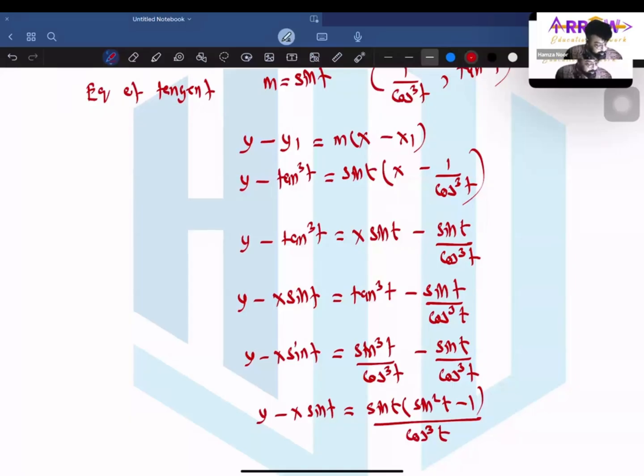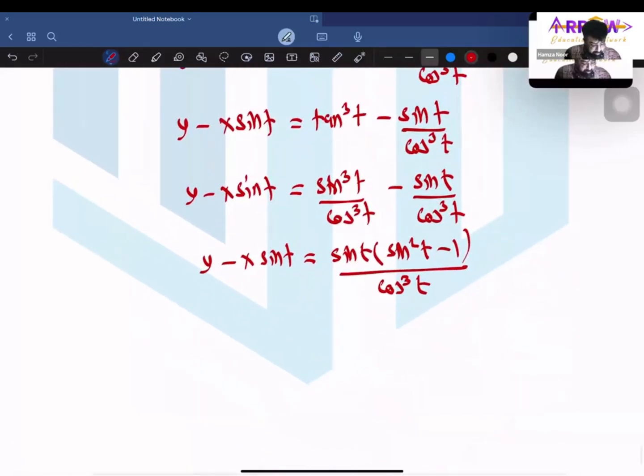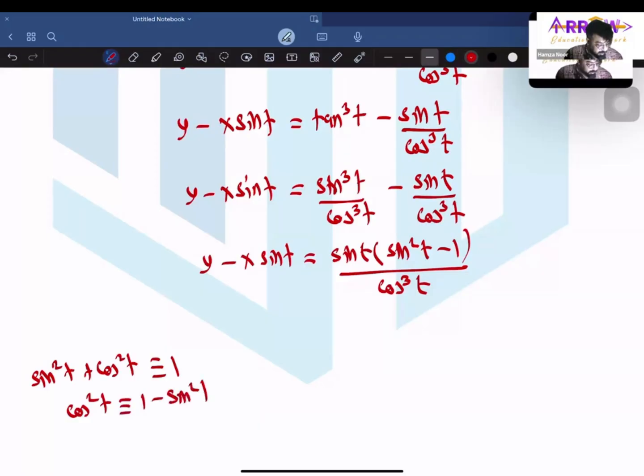All right. So what we know, a basic identity since P1, which we are studying, is that sine square t plus cos square t is identical to 1. So I can also say that cos square t is identical to 1 minus sine square t. However, if I need sine square t minus 1, I have to multiply by a minus sign on both sides. So I can say that minus cos square t is identical to minus 1 plus sine square t.